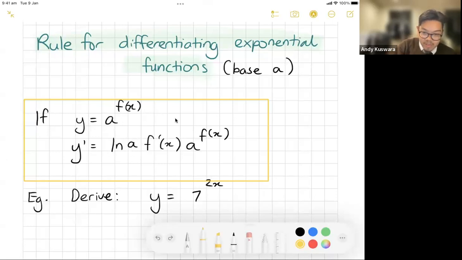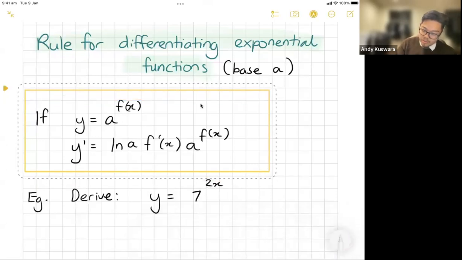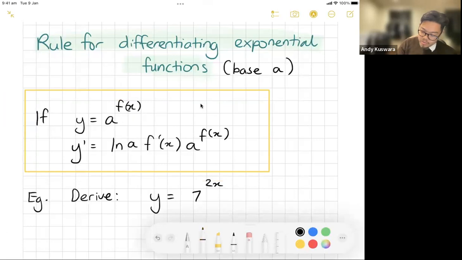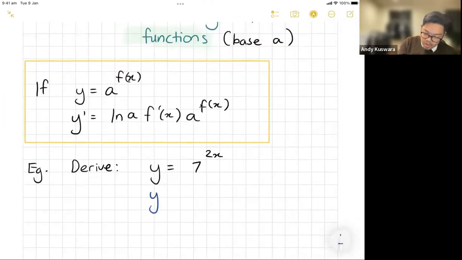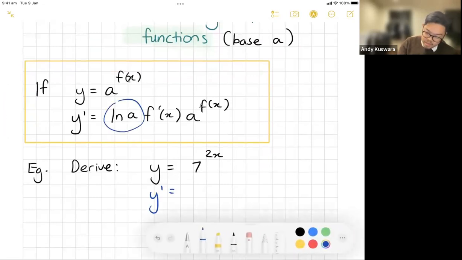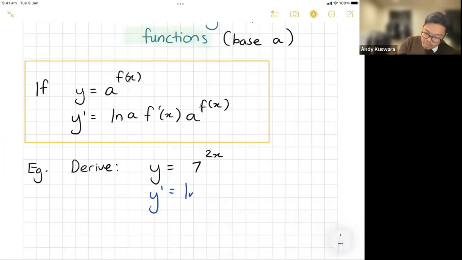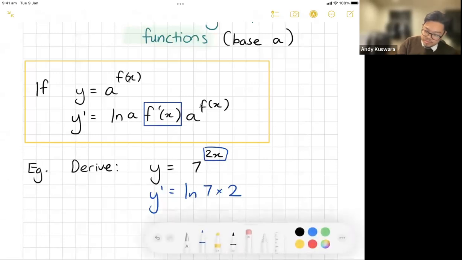Let me show you what that looks like practically. If I was given a function y equals 7 to the power of 2x, my y dash would be, first I'll start with the ln a, and ln of my base would be 7. And then I've got f dash x. My derivative of 2x is 2.